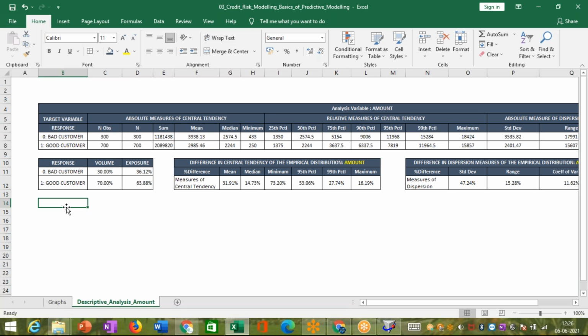It is not empirical, so it is not based on the observed distribution. It comes from the theoretical normal distribution. So what it says is that if the distribution had been normal, then 66.67% of the observations would have been lying within plus minus 1 sigma.